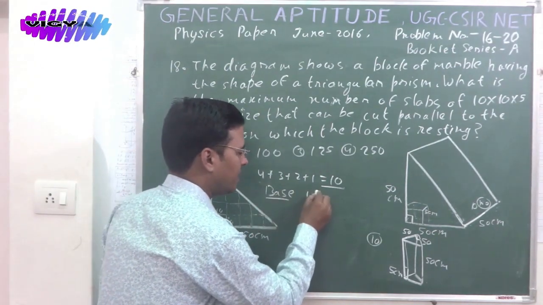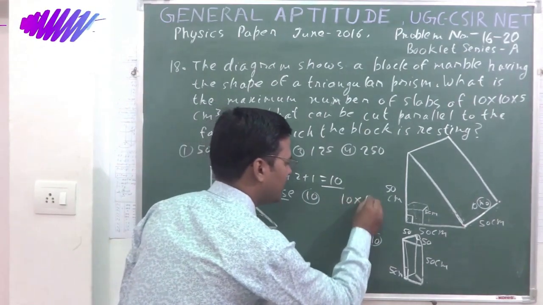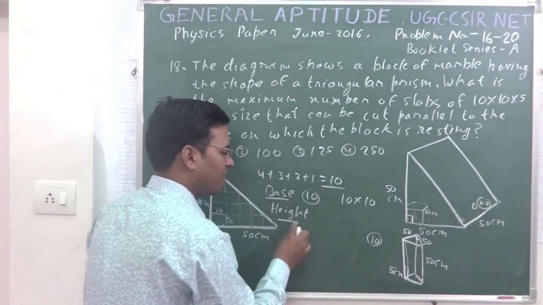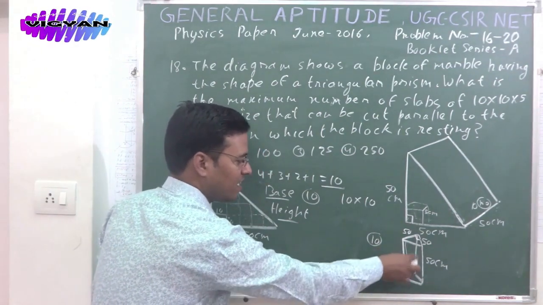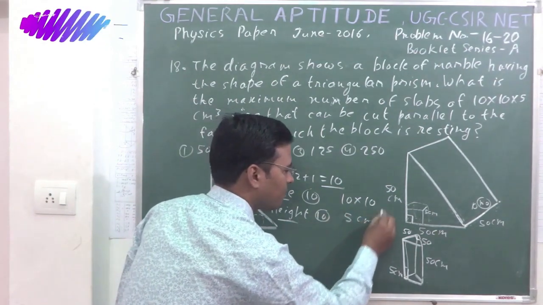There is a number 10 of squares of 10 by 10, and the height of this second figure uses the number 5 centimeter.